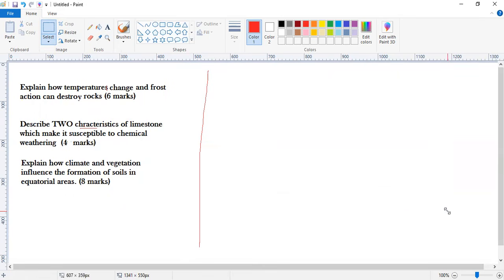The second question says, explain how temperature change and frost action can destroy rocks, and that's 6 marks. So let's try to figure out which part of the syllabus is being tested. Again, this part would also come from external forces. Notice we are being tested on the topic of weathering.